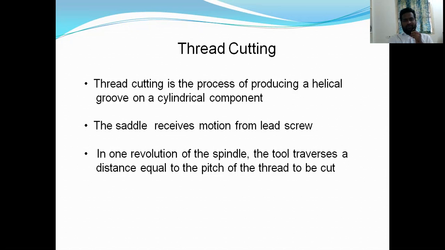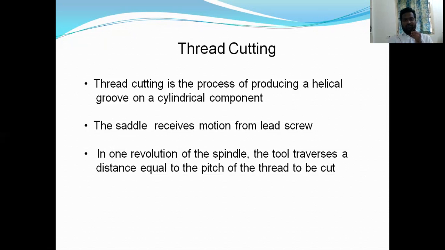So for that motion, in one revolution of the spindle, the tool traverses a distance equal to the pitch of the thread to be cut. So to do this thread cutting operation, there is a slow motion.